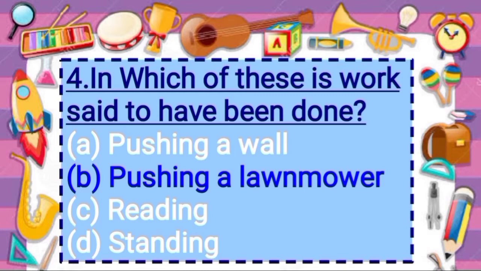So as you know, in science the word work has a very specific meaning, and it is said to be done only when the force applied on an object causes it to move through a distance in the direction of the force. So here option B is the right answer.